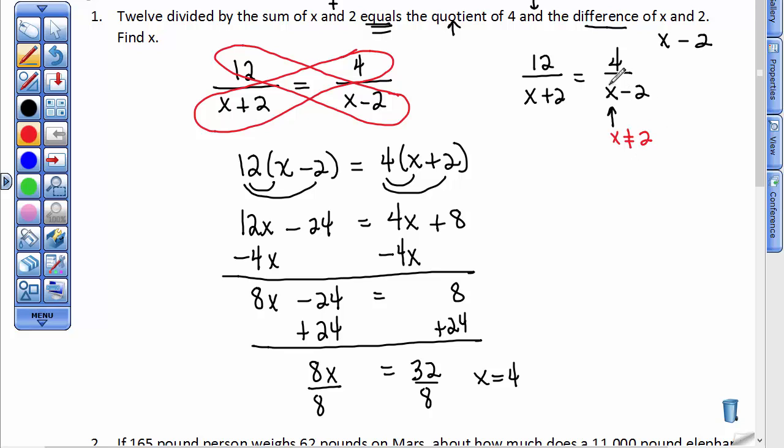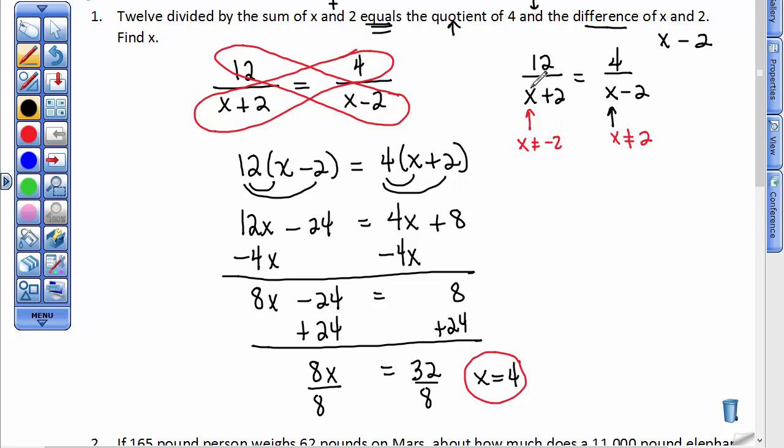Because if you put a 2 in here, 2 minus 2 would give you 0, and 4 divided by 0 you can't do. So that's a restriction. The value for x cannot be 2. Another restriction is that x cannot equal negative 2 right here. Because if you put a negative 2 in and added 2 to it, you'd get 0, and 12 divided by 0 is undefined. You can't do that. Well, our answer to our problem is 4, so it's okay. It's not one of these restricted values.